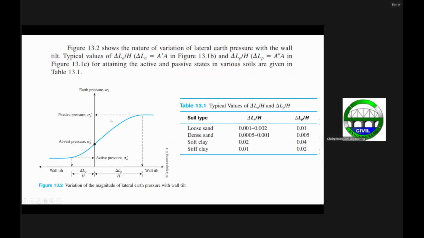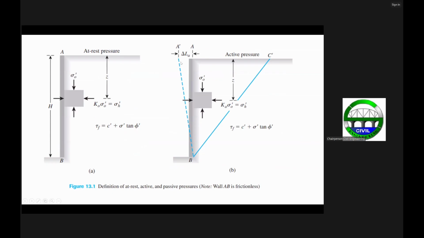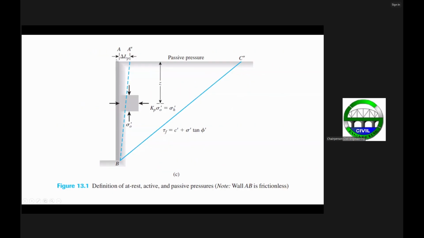So from this line here, you now have the ratio of delta L sub A and delta L sub P, which is basically your movement, delta L sub A as well as delta L sub P. That's the movement of the wall at the surface.